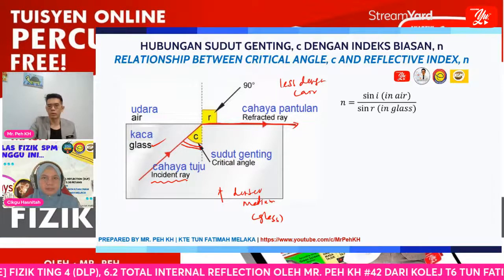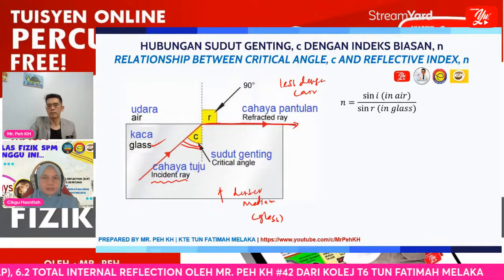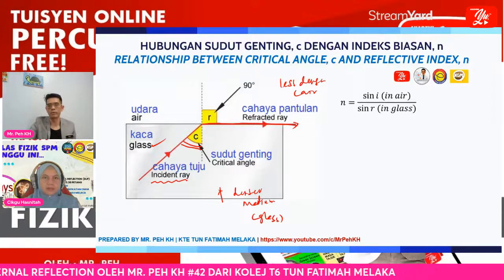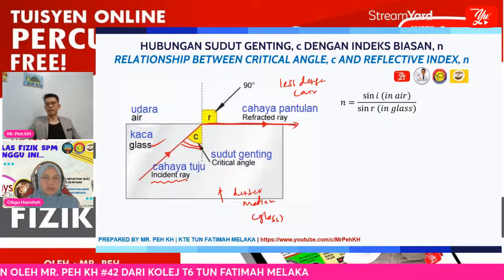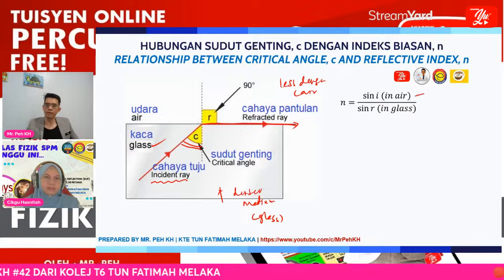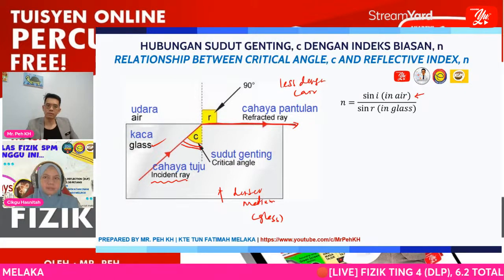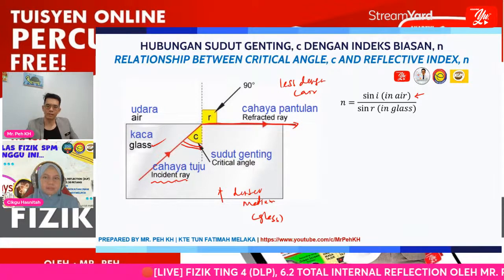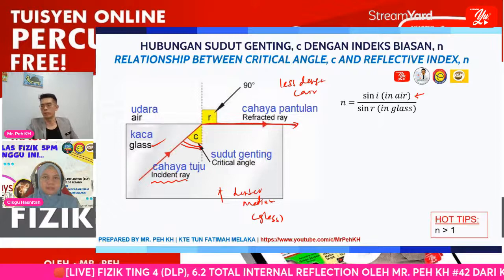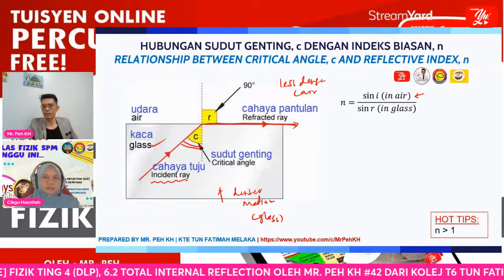So the N that you learned in 6.1 will be sine I over sine R. The I will be in A. However, you can see from this case, our I is actually in the glass. But you need to always remember, N is always greater than 1.